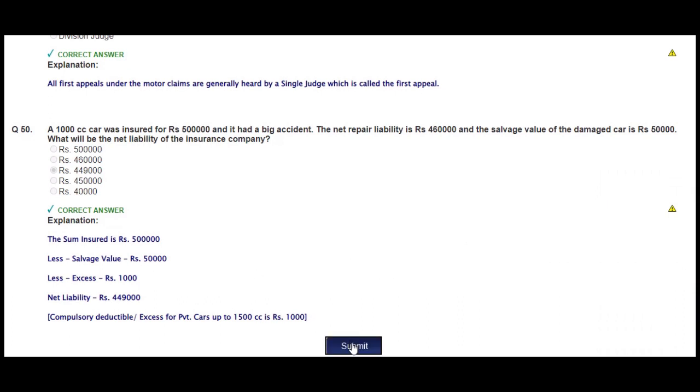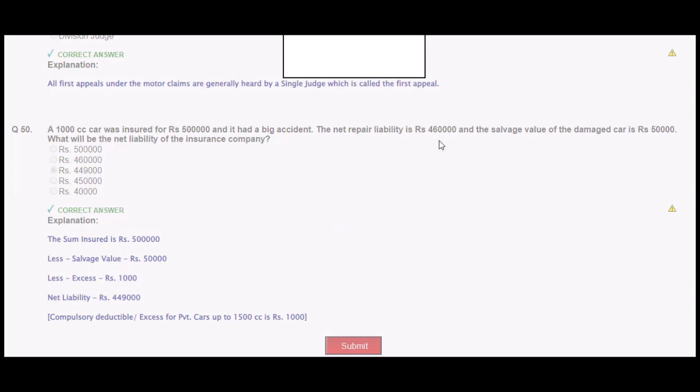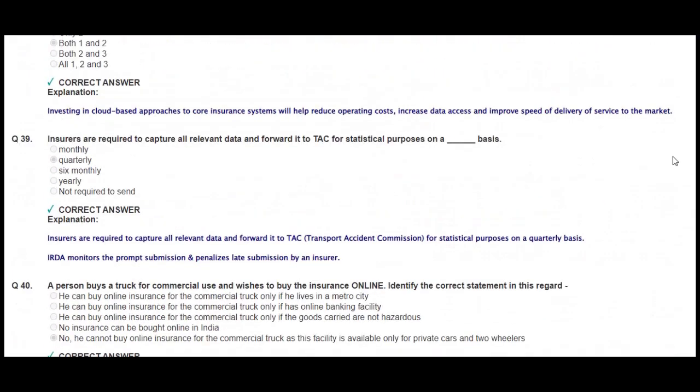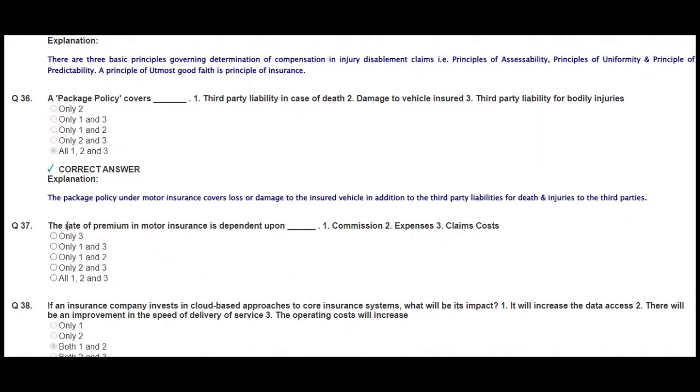I think I got only 20 right answers. I am thinking my result is appearing. I will not answer it. The 37th question: the rate of premium in motor insurance depends upon commission, expenses, claims.